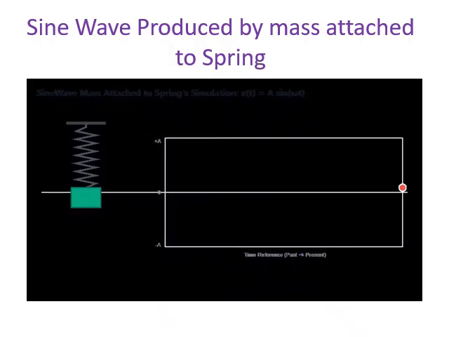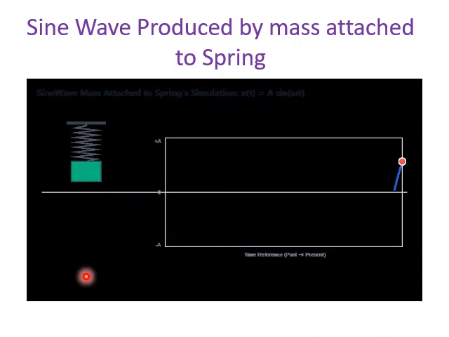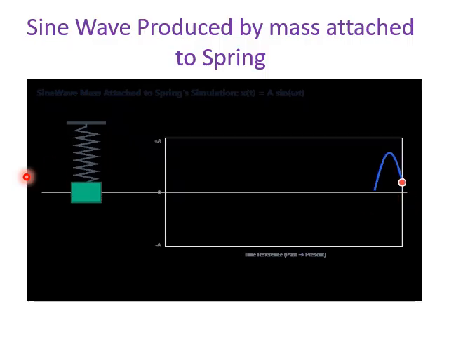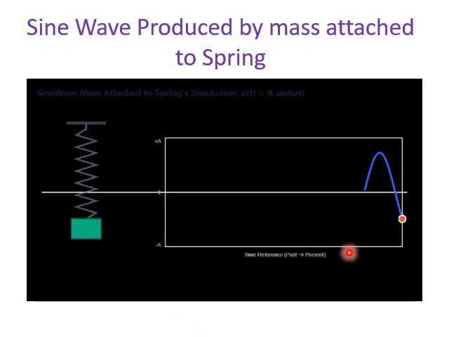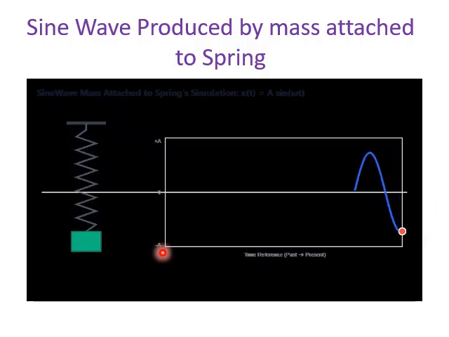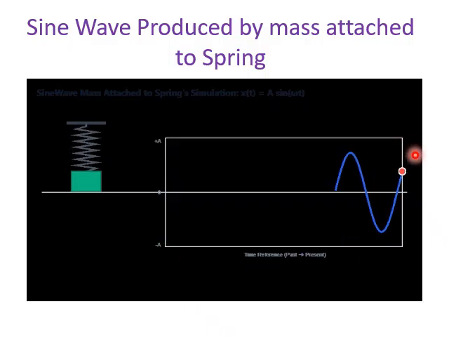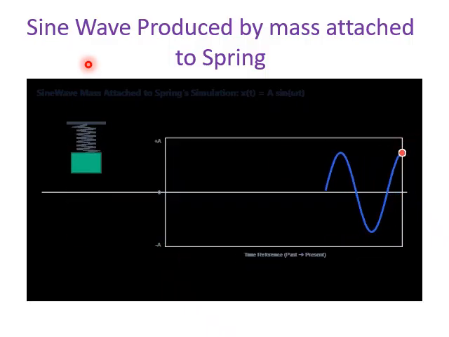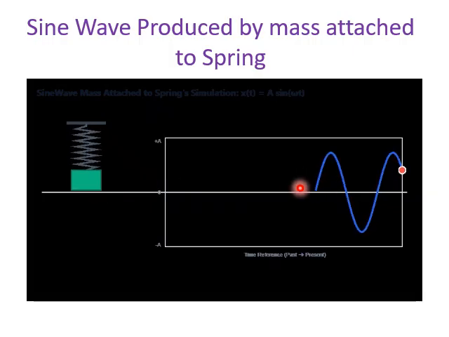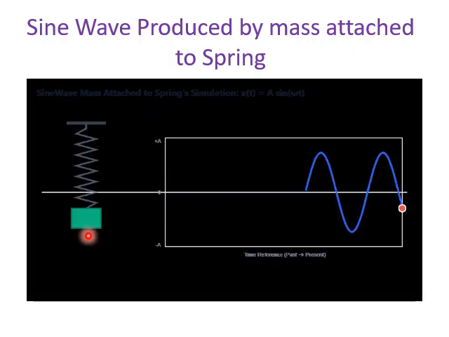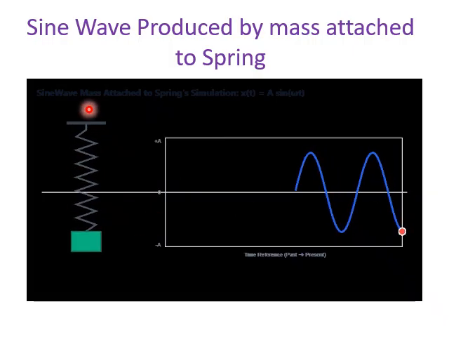So let's start the animation. You see it's at 0, this is the 0 point, it's going beyond 0 to the negative side, so it reaches here, the negative peak, and then it moves up. You see the spring is moving up and down. At equilibrium we have this 0 line, below equilibrium it is negative, above equilibrium it is positive.